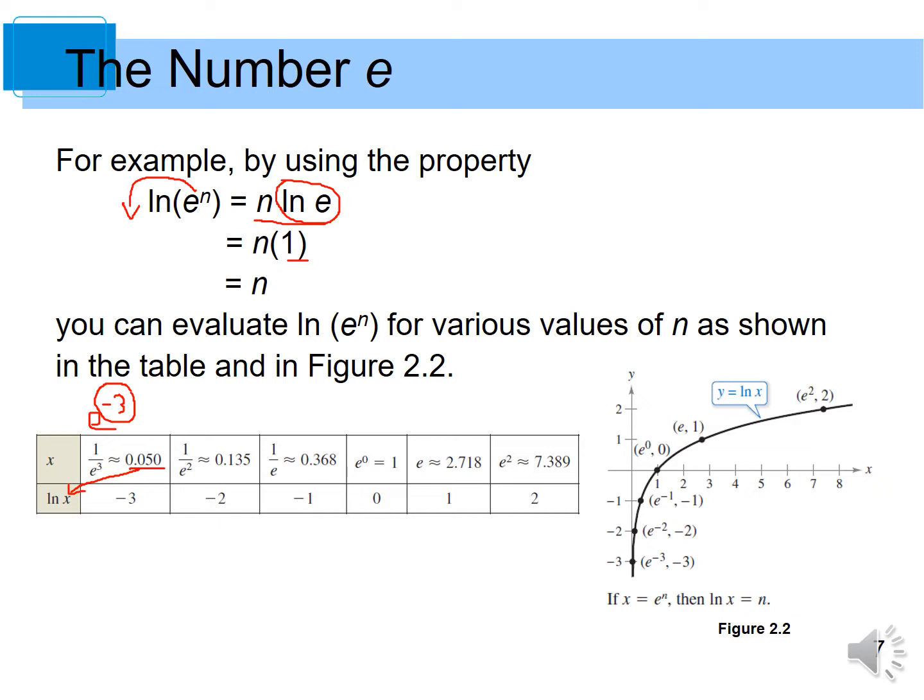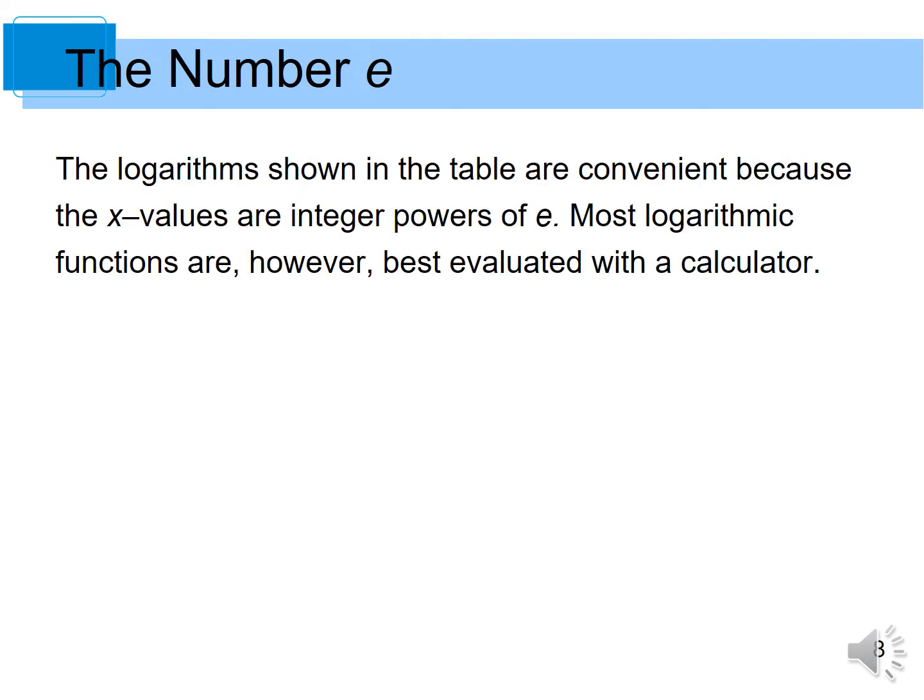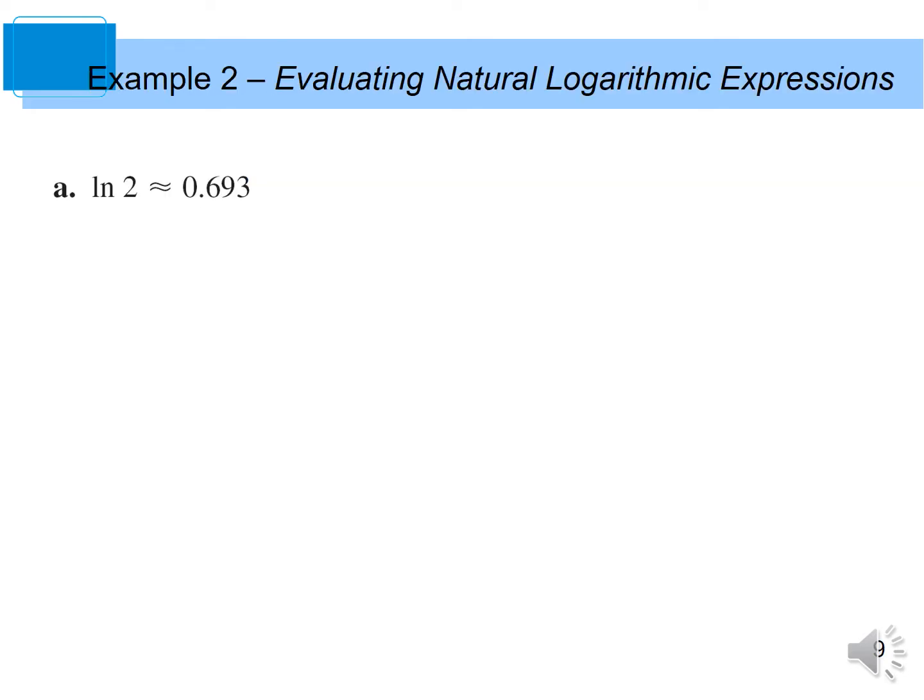The x coordinate can be represented by exponential form. The logarithms shown in the table are convenient because the x values are integer powers of e. You can use a calculator to calculate the other function values, for example, natural log of 2, natural log of 32, and so on.